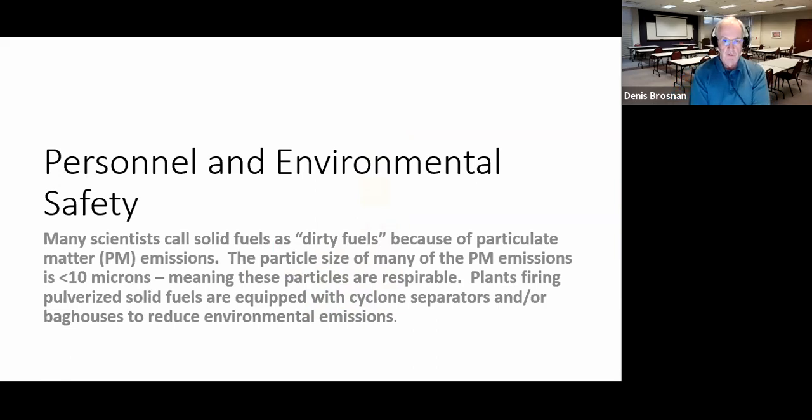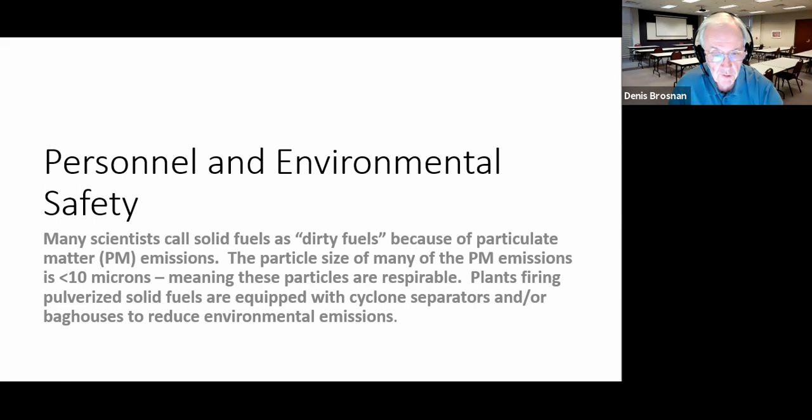Now, perhaps one of the most important things to talk about is environmental safety and personnel safety. And we'll talk about both of those, and both of those have to do with particulate matter emissions. Now, I suppose you're aware that if particles are less than 10 microns in size, they can make it through your throat or nose down into your lungs.